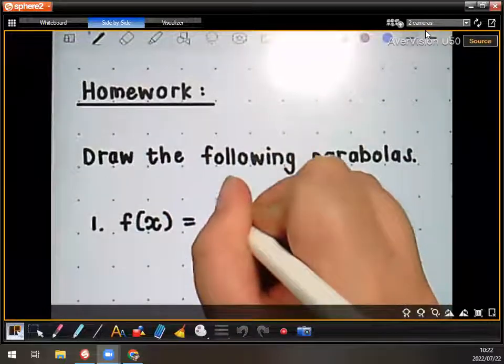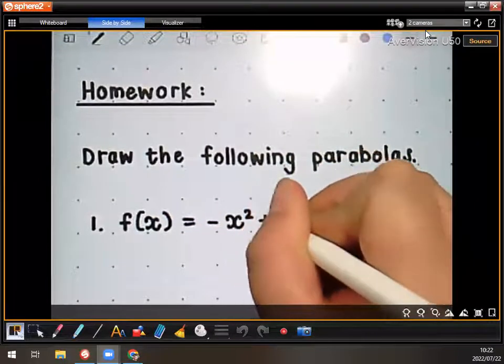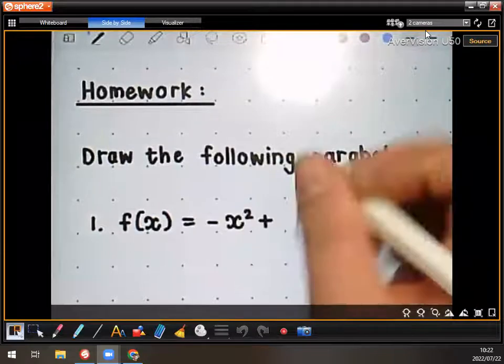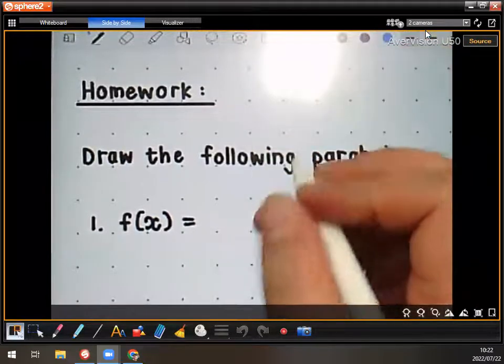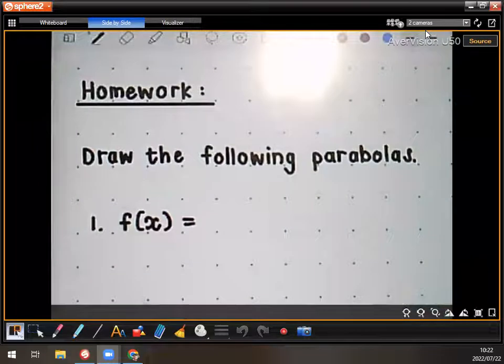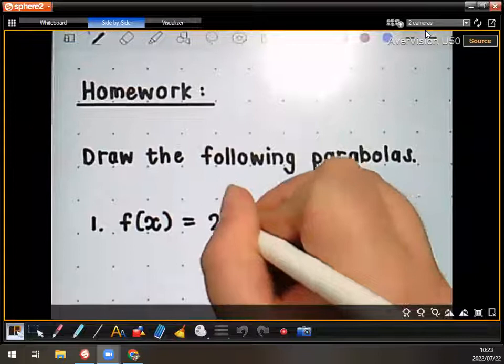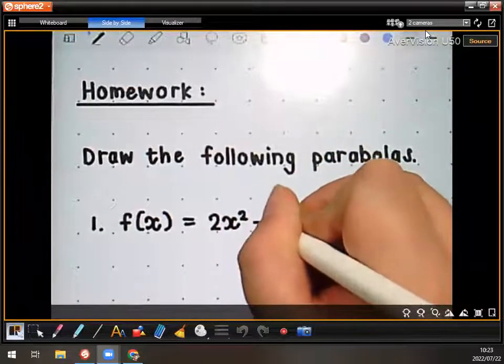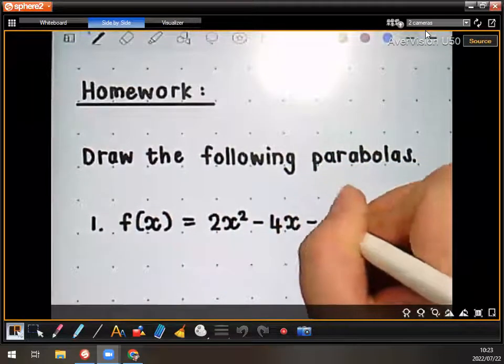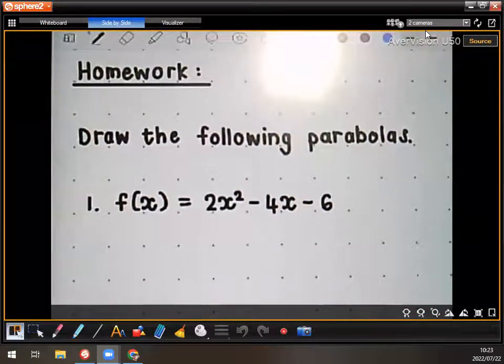Let's do negative x squared plus 4x minus 6. Okay, so that one is in standard form, so you're going to look at the first example that we did. And just basically do all those same steps.